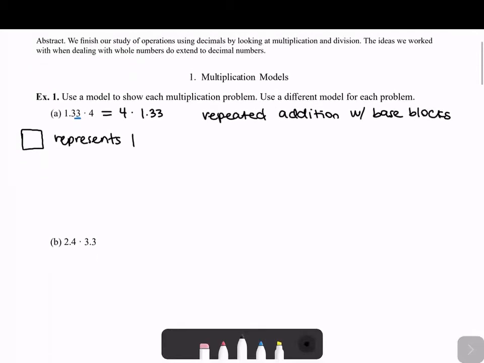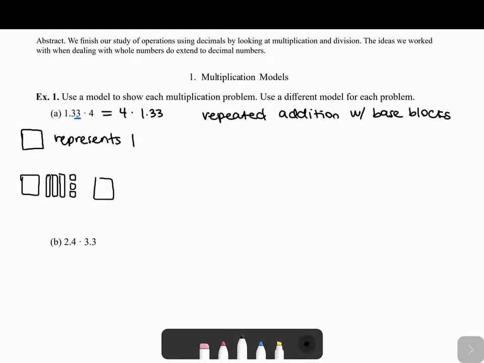Okay, so we want to do this repeated addition. So what we're going to do is represent 1.33, which is 1 flat, and then 3 longs, and then 3 units. And we are going to have that 4 times with our repeated addition.